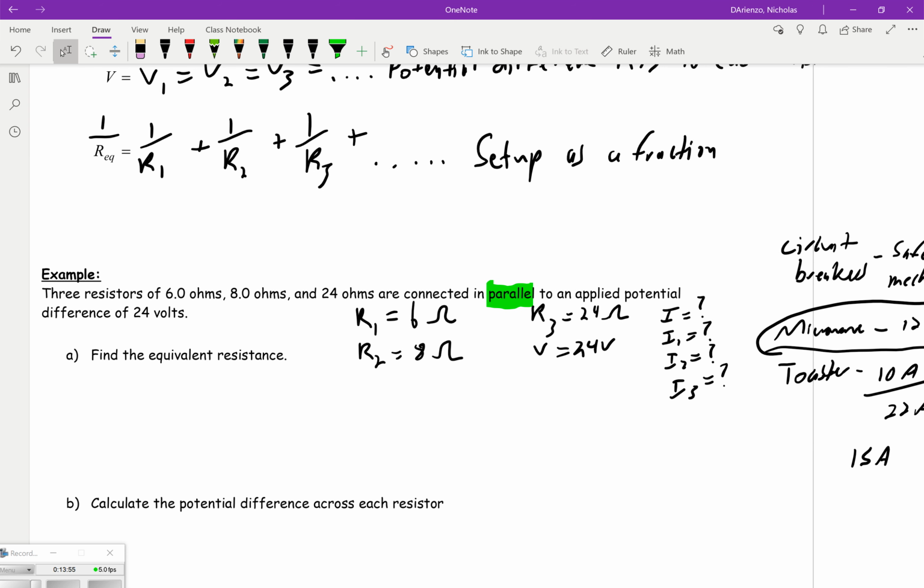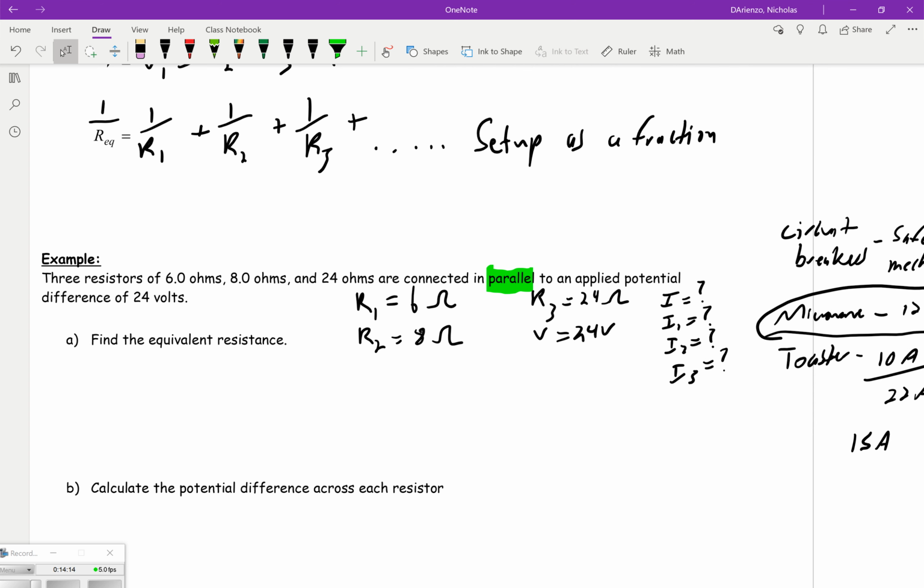Now we'll see here with equivalent resistance, the more resistors or more branches that we add, the lower our equivalent resistance becomes, which will ultimately increase the amount of current flowing through our circuit. So let's see.